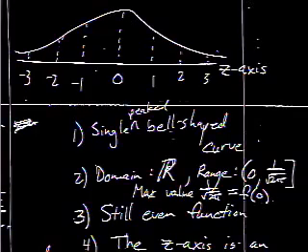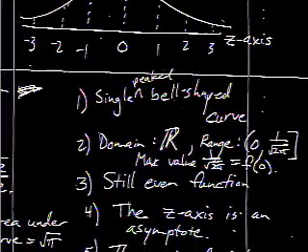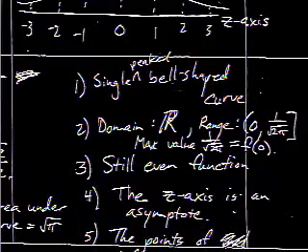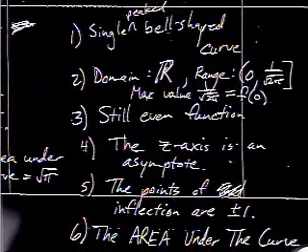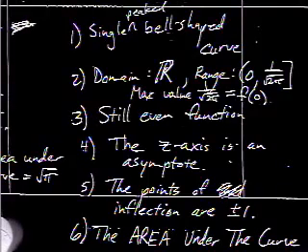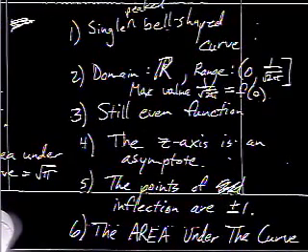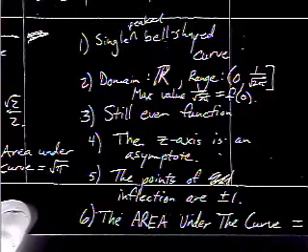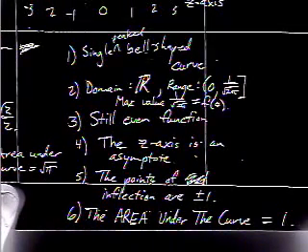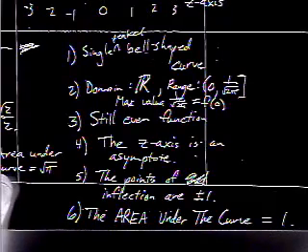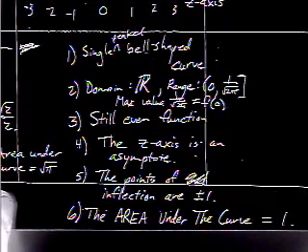That has not changed. The z-axis is now the asymptote. The points of inflection are a lot nicer than they were before, plus and minus 1. But the biggest and best thing of the standard normal curve is that the area under the curve is equal to 1. That is a very, very important point.